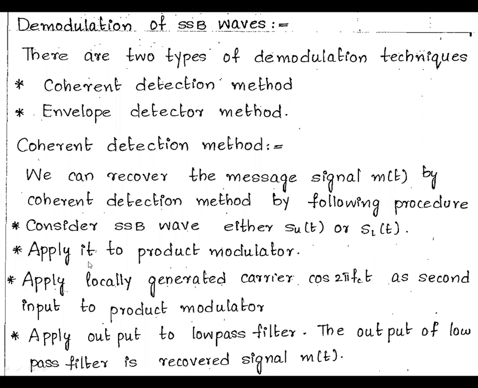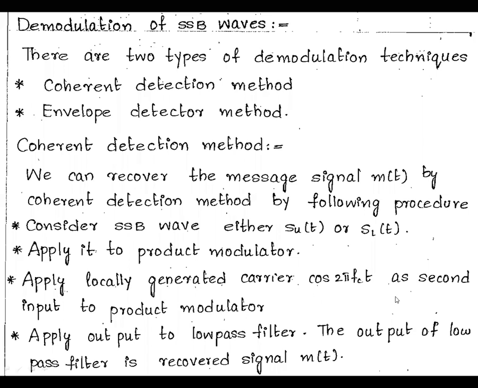Second point is apply it to the product multiplier. Product multiplier may also be called a balanced modulator. And third one is apply a locally generated carrier cos omega c t, or cos 2 pi f c t, as the second input to the product multiplier.